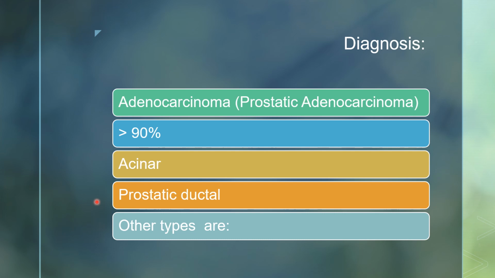Well, it's good that it's not as common as the less dangerous one, okay? It can grow at the anterior or posterior or any part of the prostate gland, unlike the acinar that grows more at the posterior part. This one can grow anywhere within the prostate gland.